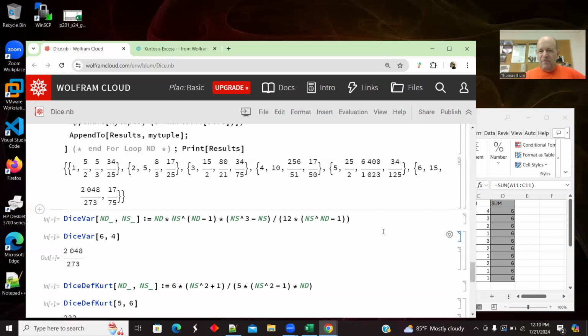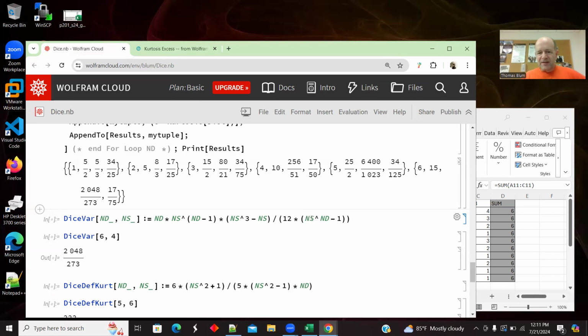Now, in the variance, you know that you divide by the number of samples minus 1. So my number of samples is the number of sides raised to the number of dice.